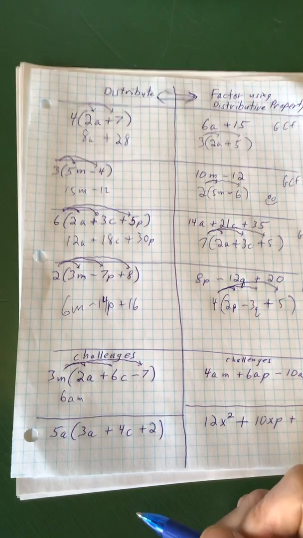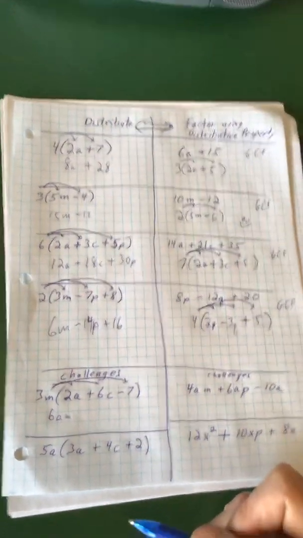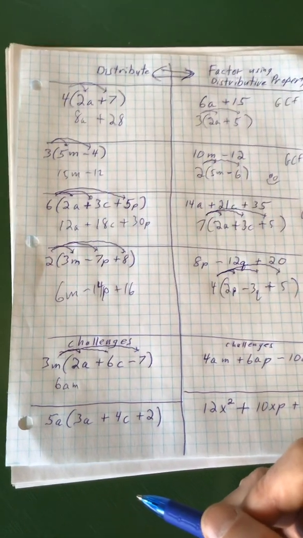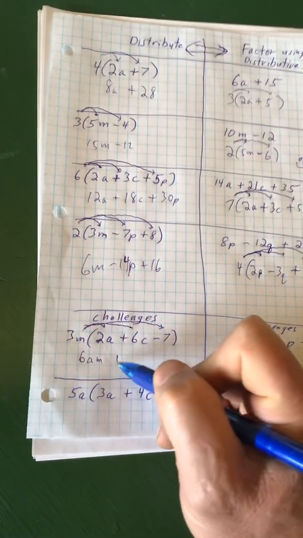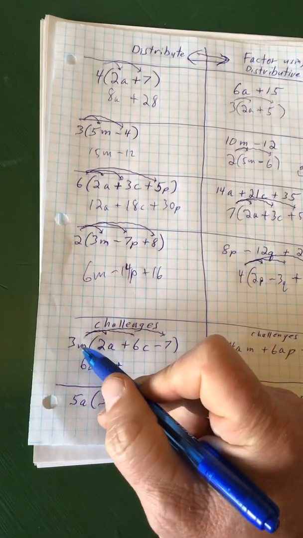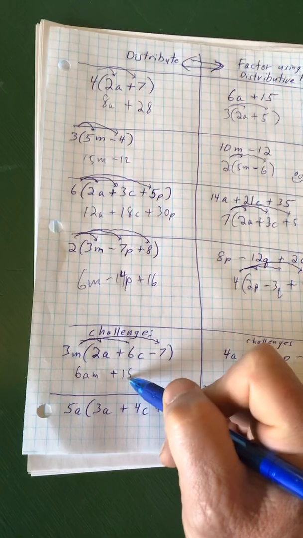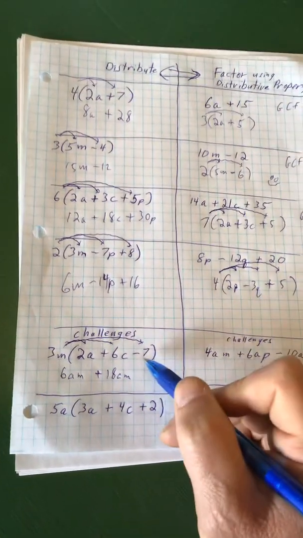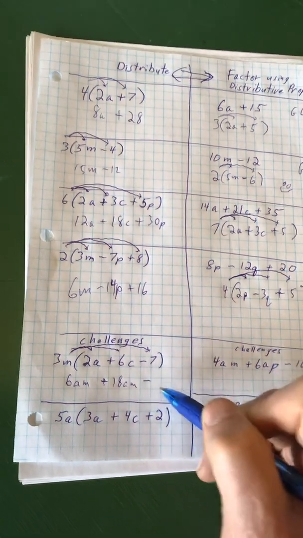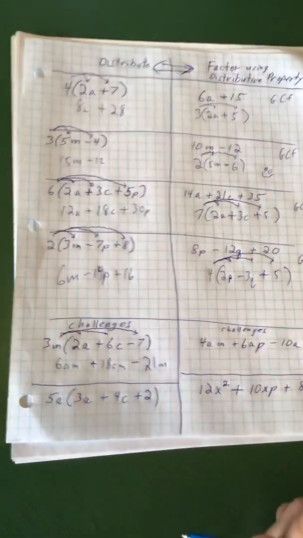When you have 2 different variables, write them alphabetical. That's just the convention. It's not necessarily wrong, but it's just how you do it, so we all do it the same way. 3m times 6c would be 3 times 6 is 18, and you just have cm. And then 3m times minus 7 would be minus 21m, or negative 21m.